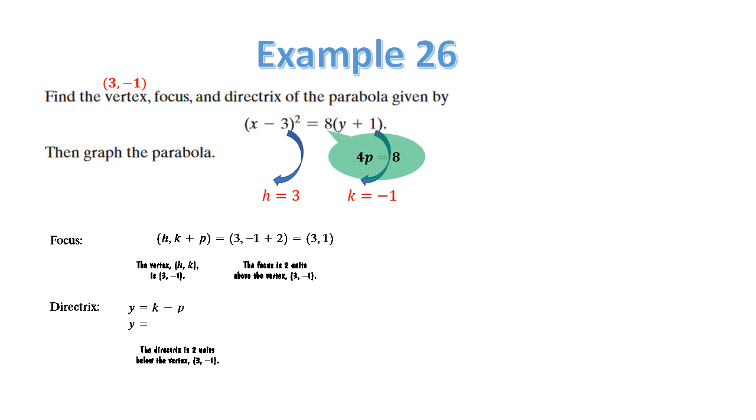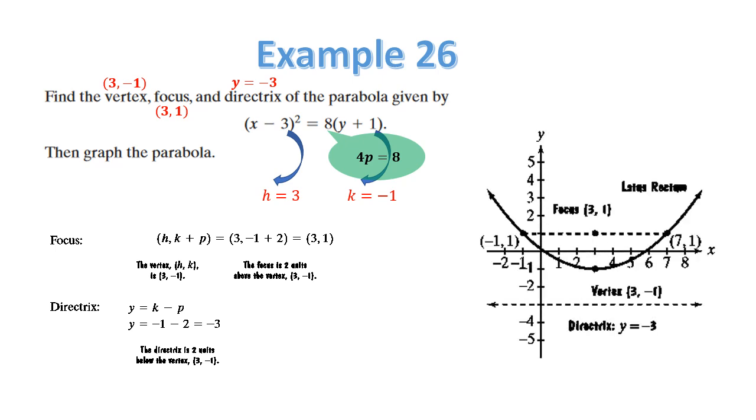Therefore, the focus is at (3, 1), and the directrix is at y equals negative 3. And the graph is as such. Notice the latus rectum, the absolute value of 4p, extends 4 units left and right from the focus.